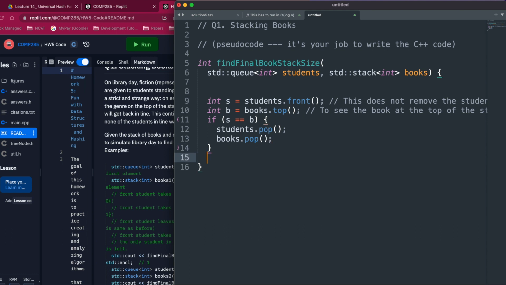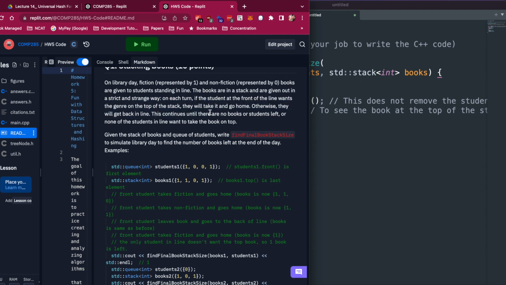Otherwise, if they're not equal, then the student is going to get popped, so he's moving out of the line, but then he's going to get pushed back into the line. So that's students.pop and then students.push. That's basically the description of what's going on here.